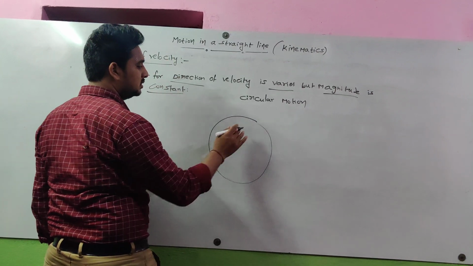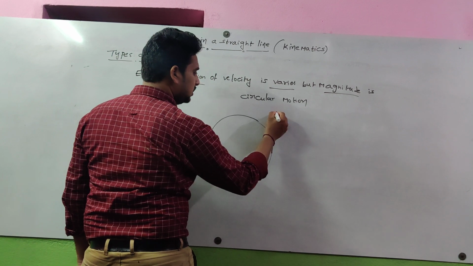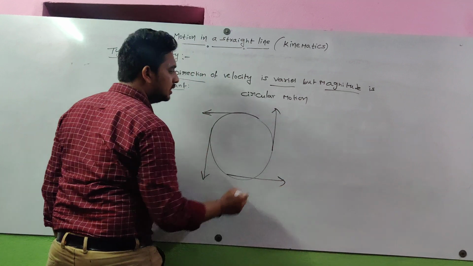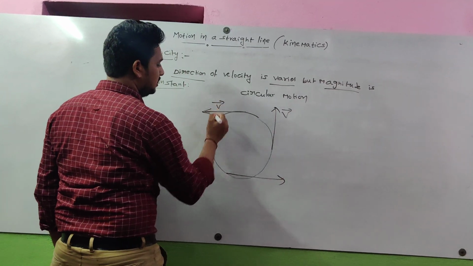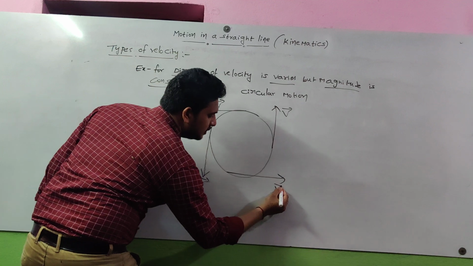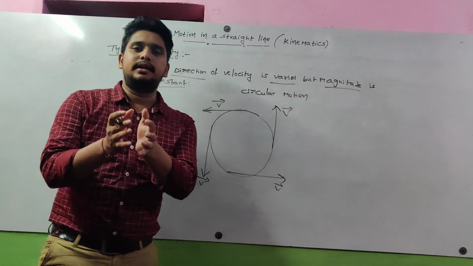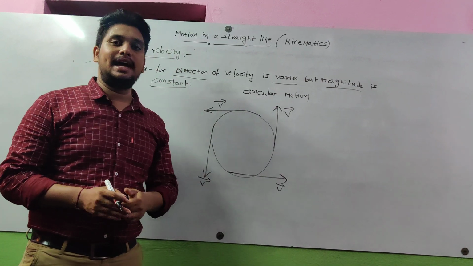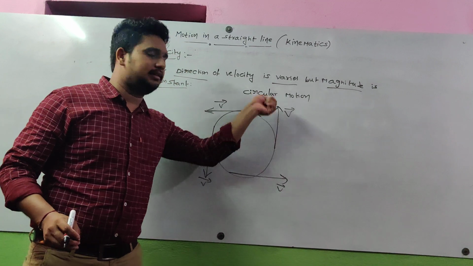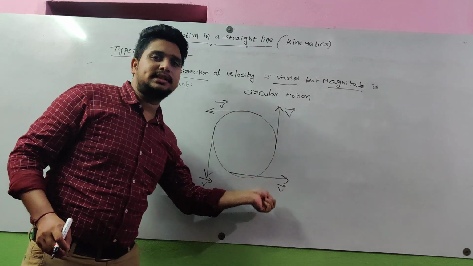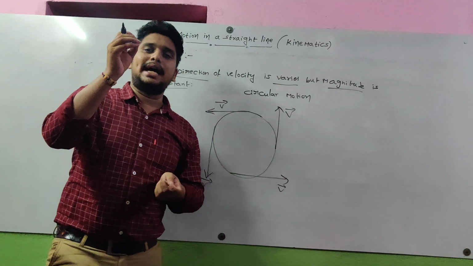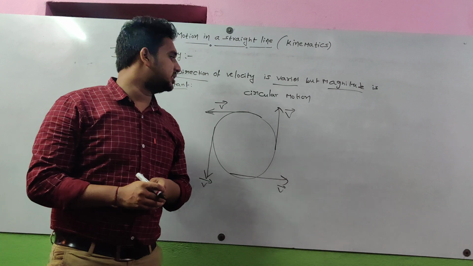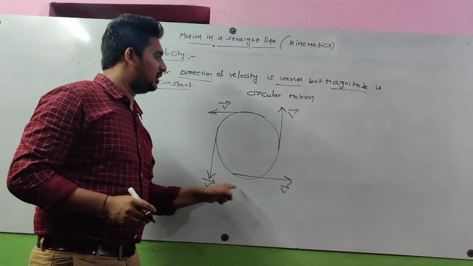Observe carefully the circular motion. These are the velocity vectors. How do we find the direction of velocity? Whenever we draw a tangent to the circle, tangent means a touching line. The tangent indicates the direction of velocity. Here these are the directions of velocity.